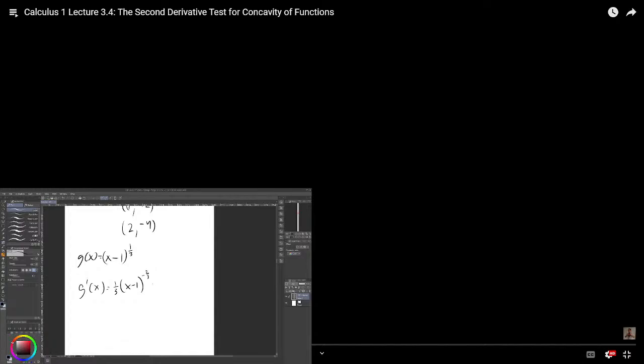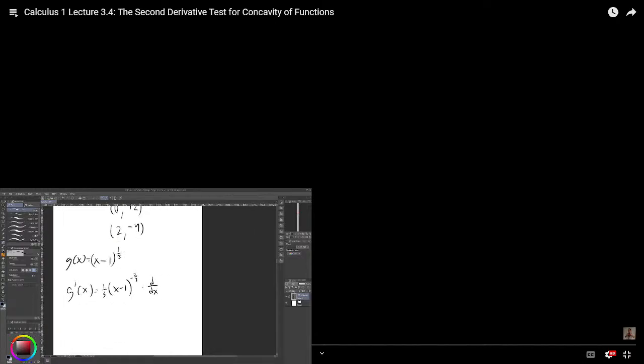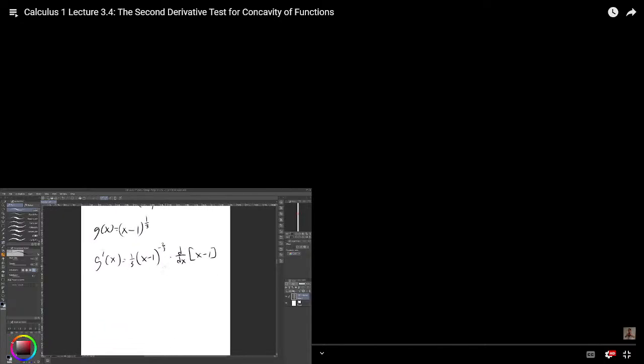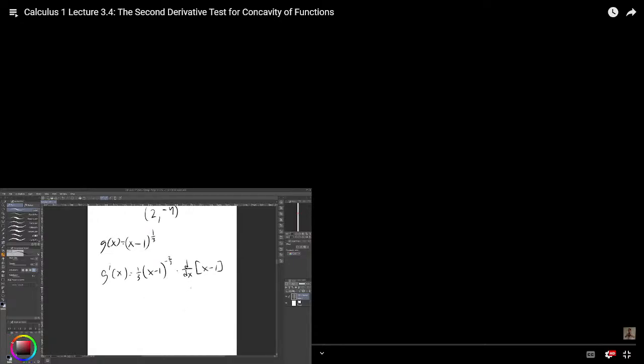So -2/3 times d/dx of x minus 1, and that will be 1.